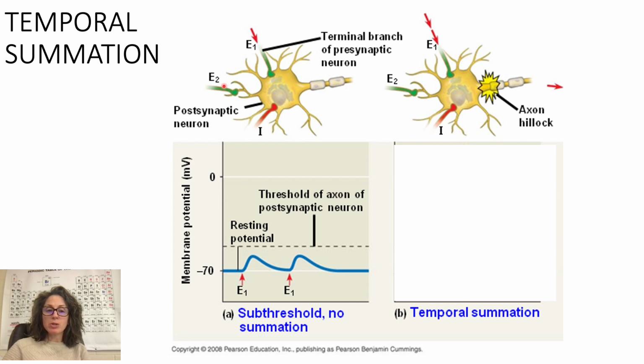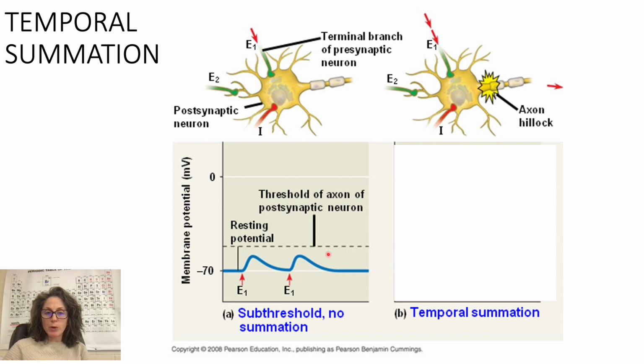So there's 2 excitatory. If E1 alone sends an excitatory signal, so some neurotransmitters, it might cause a little bit of a raise in that potential. And again, the average resting potential is negative 70 for most neurons. And if E1 fires again after a little bit, you're going to get about the same peak occurring.